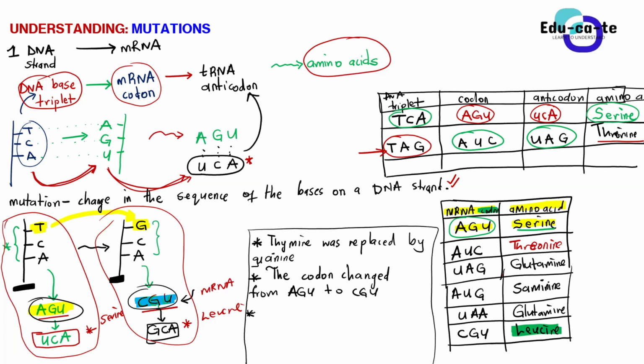The anticodon that we were supposed to have at first, when we had TCA as the DNA-based triplet, was UCA. But because of this mutation, the new anticodon is GCA. You must mention there, the anticodon also changed from UCA to GCA.